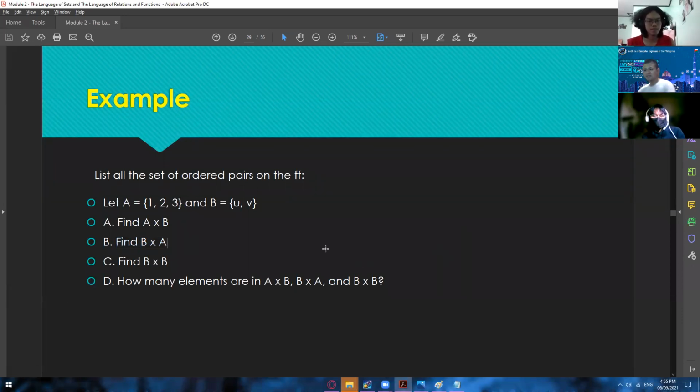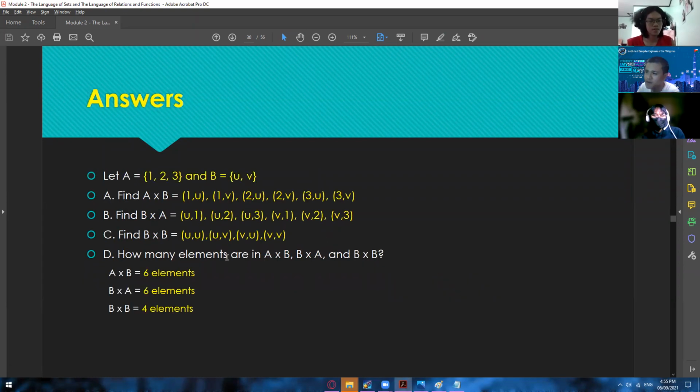Okay then. So here are the answers, wherein we have already answered that one. Most of you were able to get the correct answer. I'll just give you maybe 10 to 15 seconds to recheck everything.